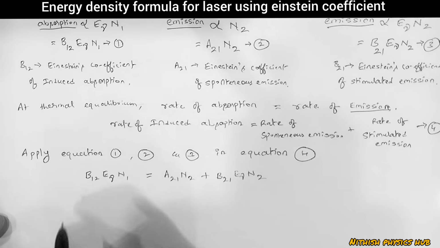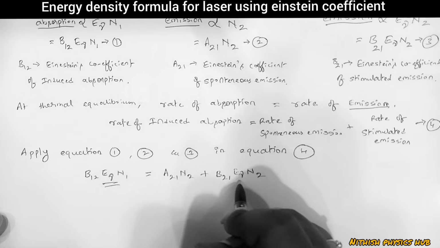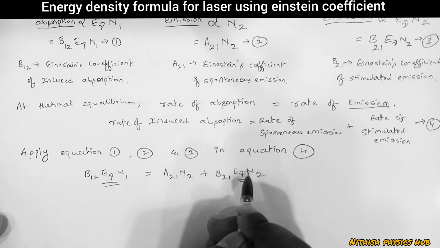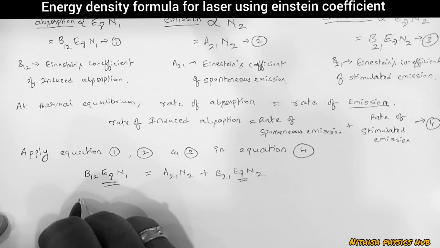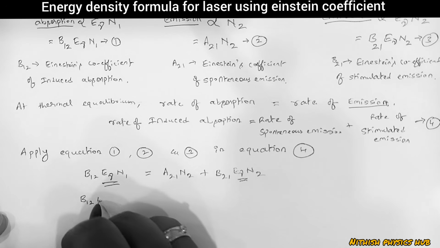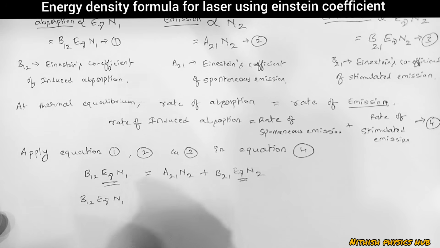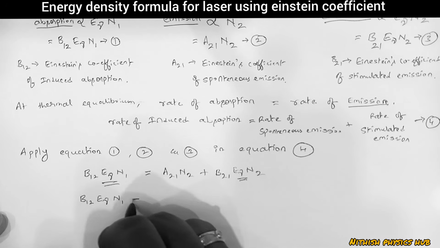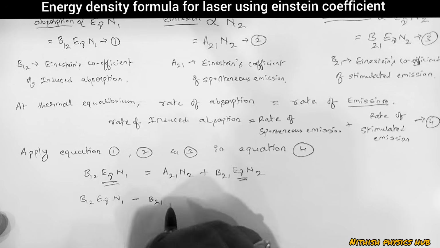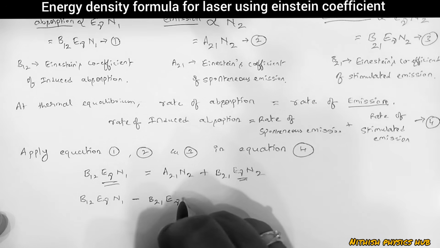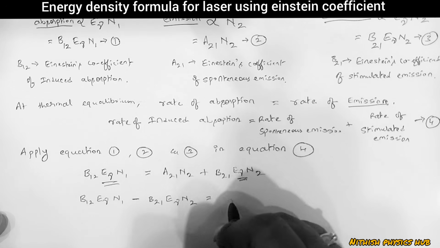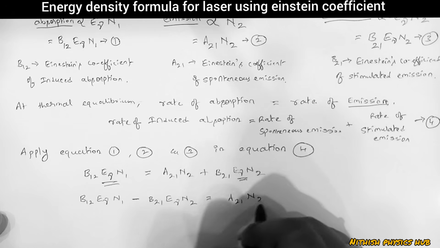So next, I want an energy density formula here. That's why I will be shifting everything to the right hand side. It will be B12 E mu N1 minus B21 E mu N2 is equal to A21 N2.